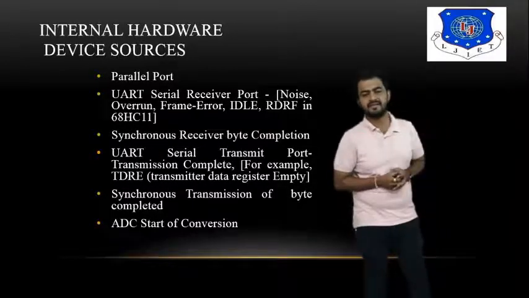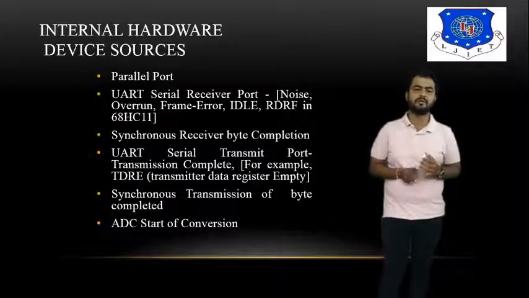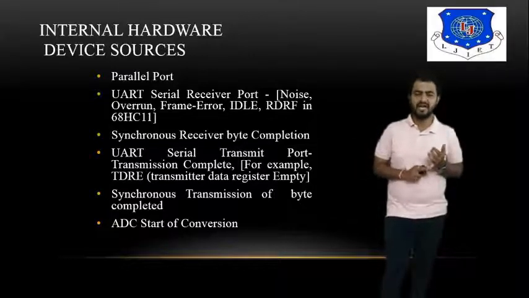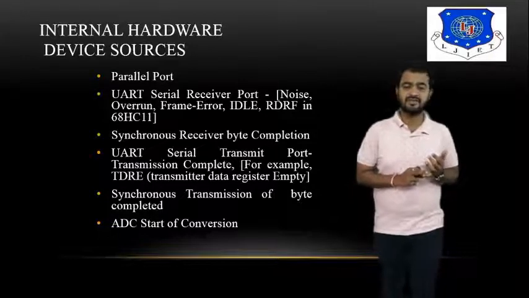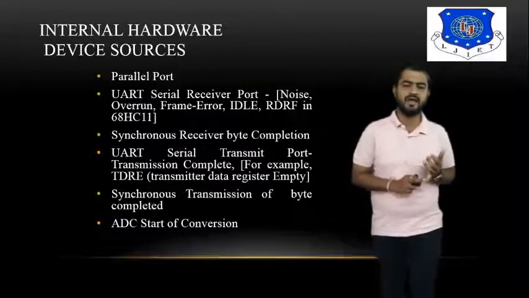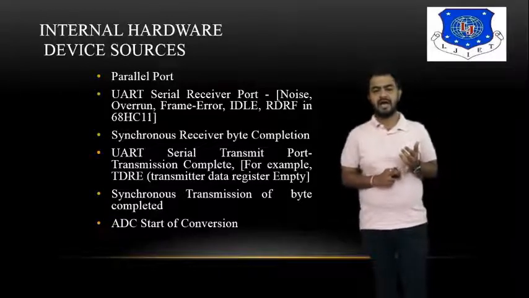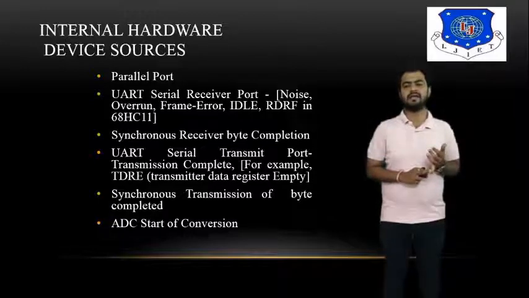Internal hardware device sources: in terms of internal hardware devices, we are talking about the parallel port, USART, the universal synchronous asynchronous receiver and transmitter, the serial receiver port, noise, frame error, idle, RDRF, and 6808, HC11.